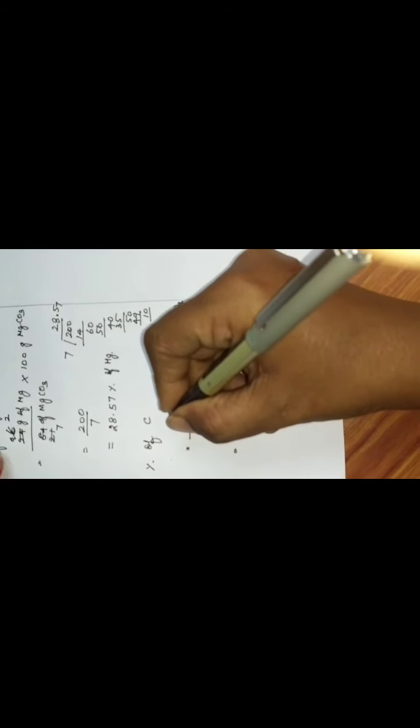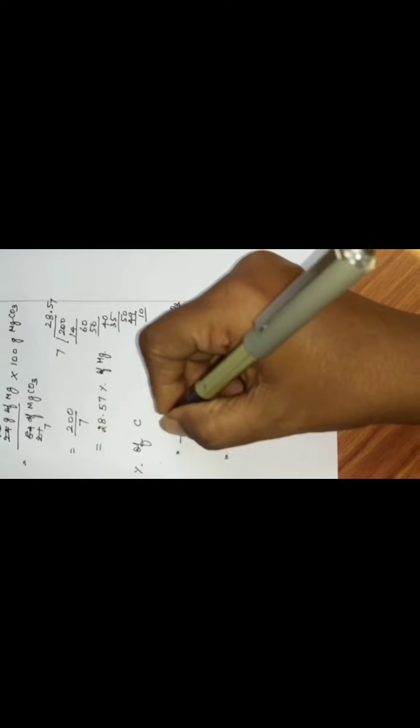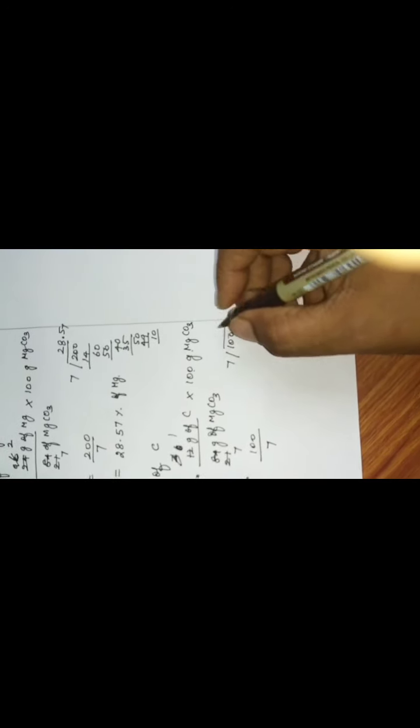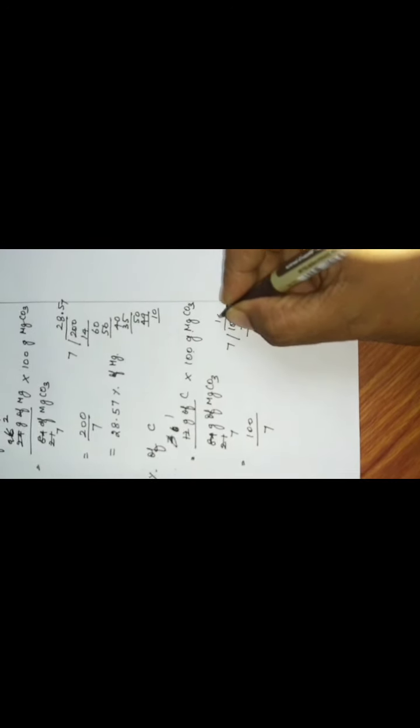The next one is the percentage of carbon. 84 gram of magnesium carbonate contains 12 gram of carbon, so for 100 gram of magnesium carbonate, the same method. Cancel by 12: 12 divided by 12 is 1, 84 divided by 12 is 7. So 100 divided by 7: 14 times 7 is 98, remaining 2, keep a point, add a 0; 2 times 7 is 14, remaining 6, add 0; 8 times 7 is 56, and it goes on.